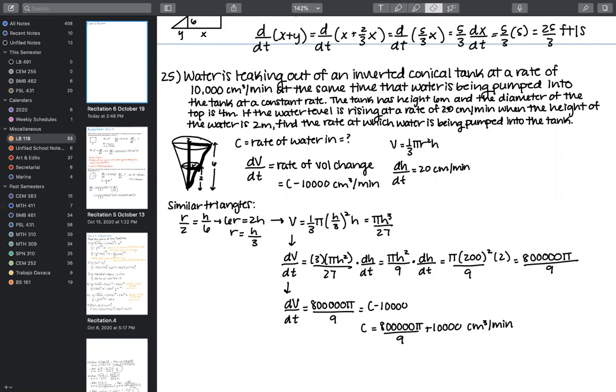Number 25 and 2.8. Anybody else have any other questions while I'm searching through the book? Yep. So the book doesn't specify the conversion, but h is equal to 200 centimeters.